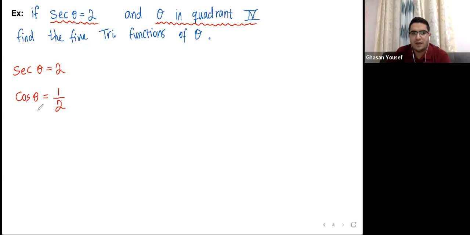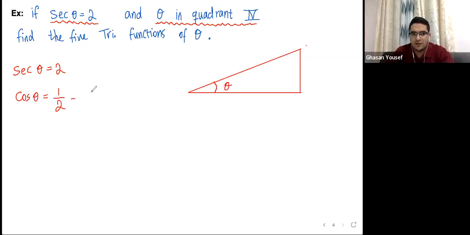Okay. Now, we know the location of the angle, it's in quadrant 4. So let me graph it small. First of all, let me graph the right triangle like this. This is my right triangle, and in this right triangle I have the angle here, theta.